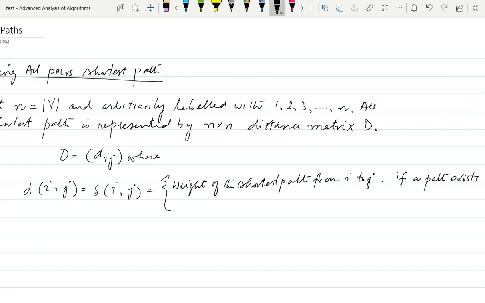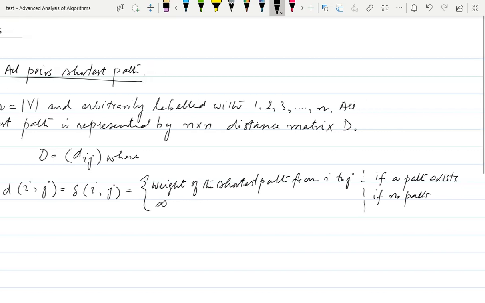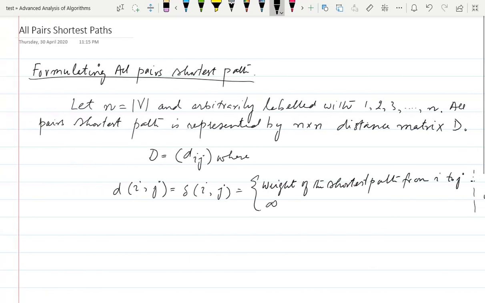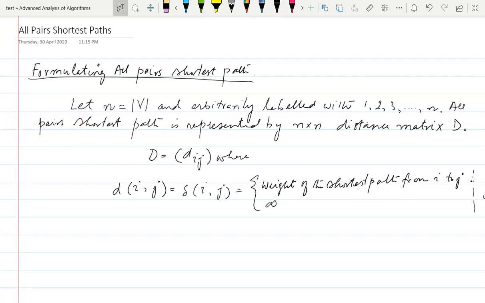Otherwise it is infinity if no path exists, right? So this is how your n by n matrix is defined, and along with this matrix we will define another matrix.